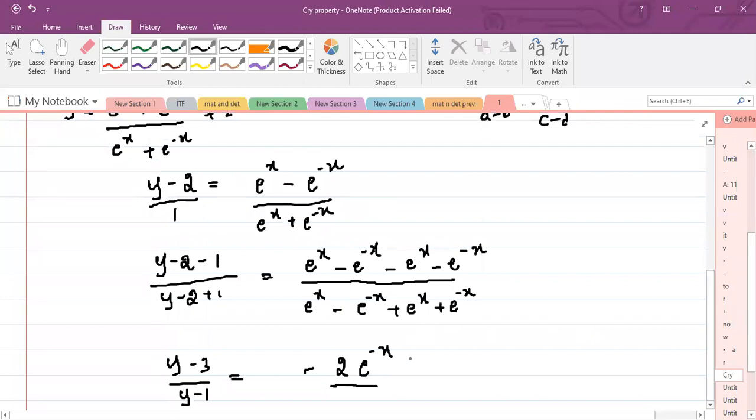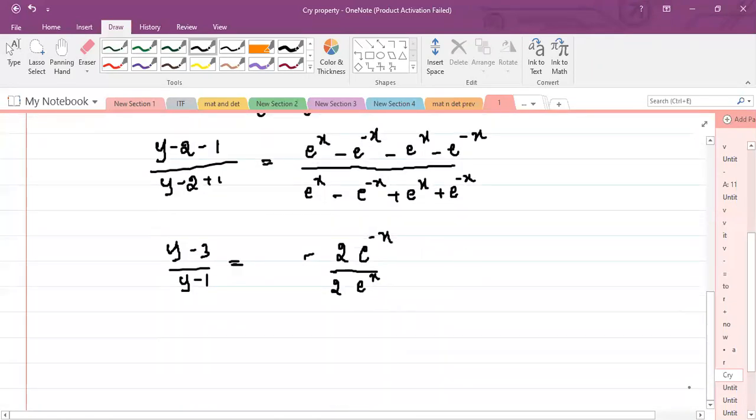Sorry, this term is plus, so e raised to minus x and minus e raised to minus x get cancelled. We have 2 times e raised to x. This is a bit higher level problem, so it may be asked in JEE also, it's a JEE level problem.